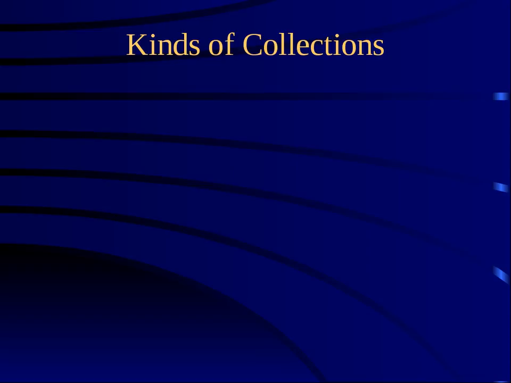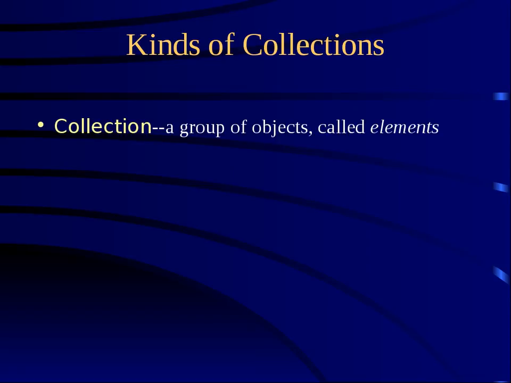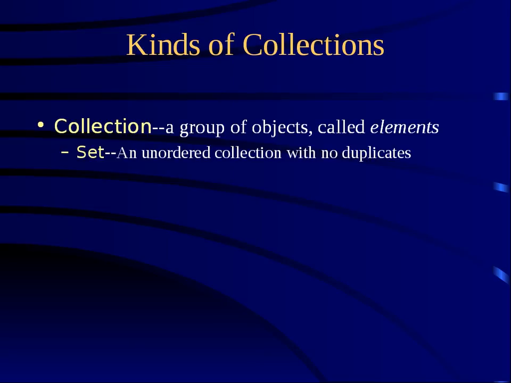All right, so a list. Before we can talk about lists, we have to talk about collections inside of Java. When I'm talking about Java, I'm talking about the Java standard library. So a collection is a group of objects called elements. Hopefully that is intuitive. A set is an unordered collection with no duplicates. For any of y'all that have done sets in math, that hopefully is intuitive.